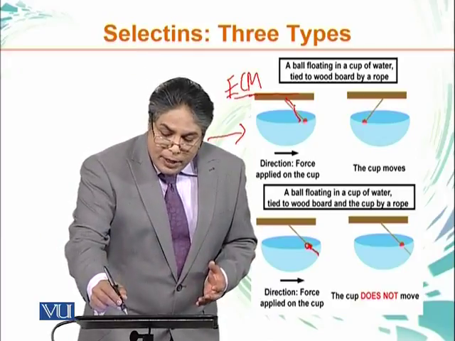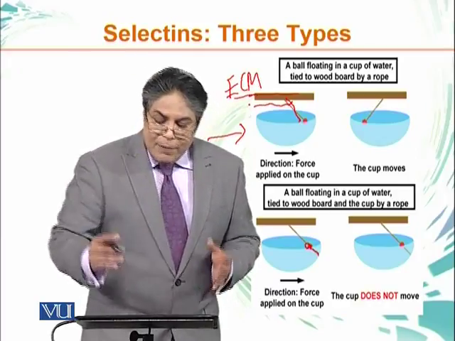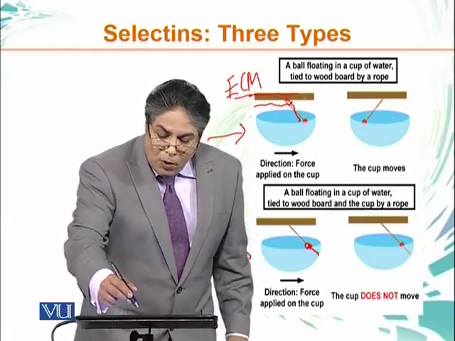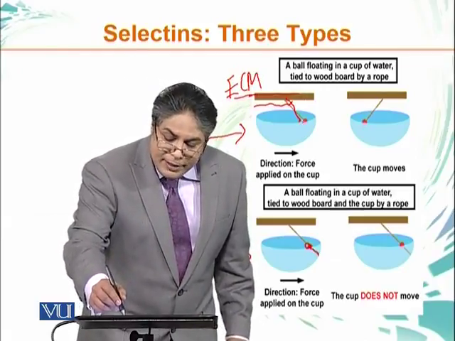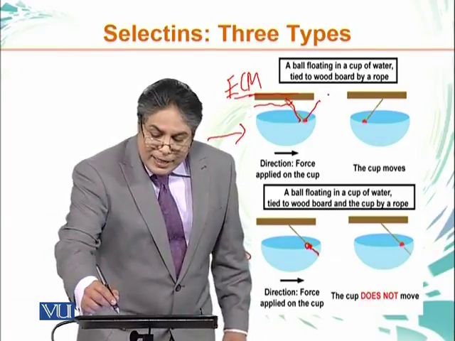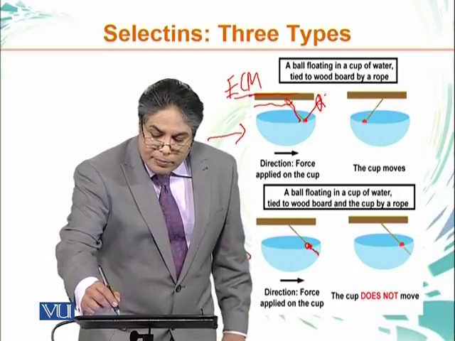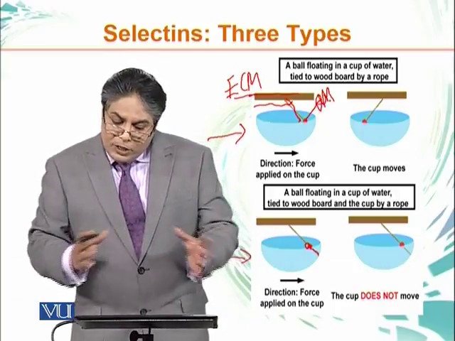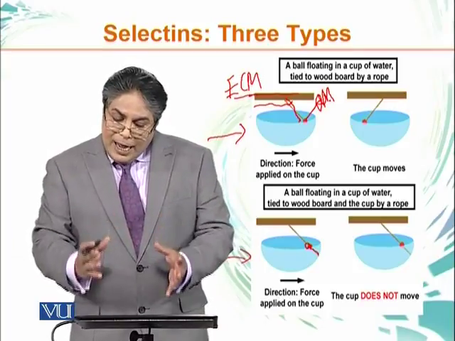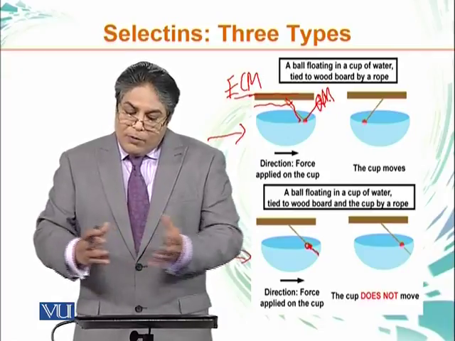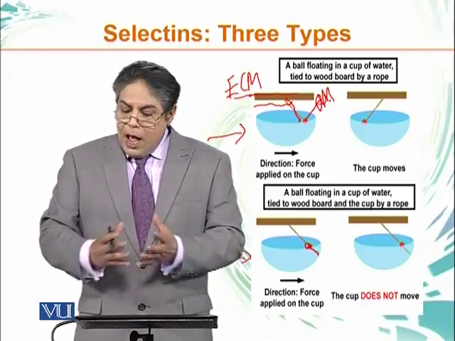The rope represents the bond between the neighboring cell or extracellular matrix and the adhesion molecule. Our red ball is basically the adhesion molecule. So if the adhesion molecule is not attached to something solid, the cup will move. It will not resist that force.